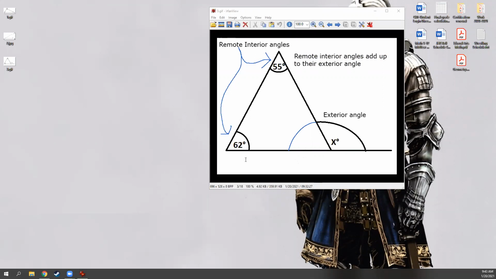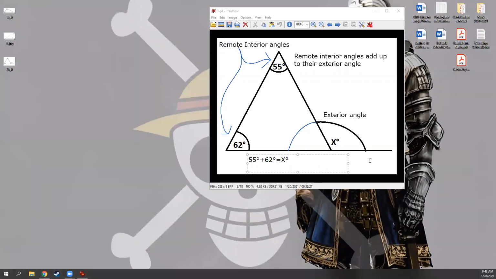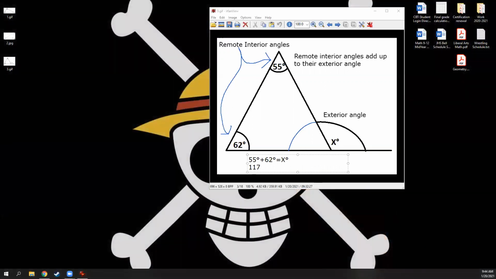So very simply, if we take these two remote interior angles, 55 degrees plus 62 degrees, they will equal x in this exact scenario, but these two add up to the outside. So we get 117 degrees equals x.